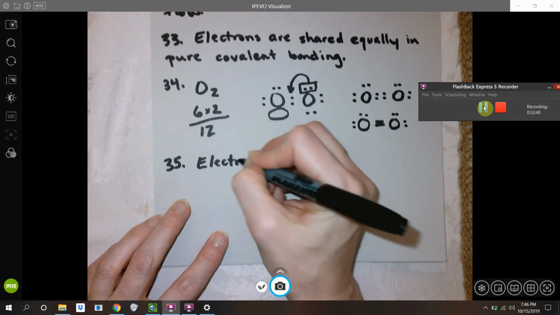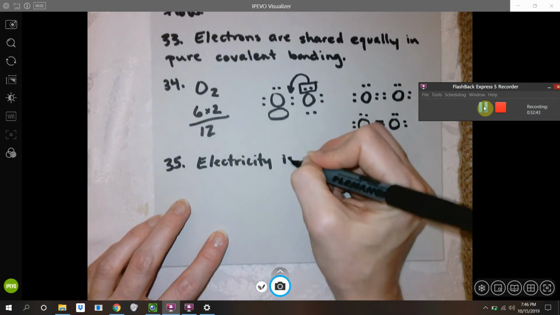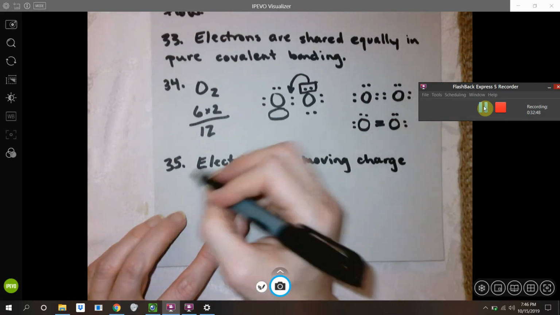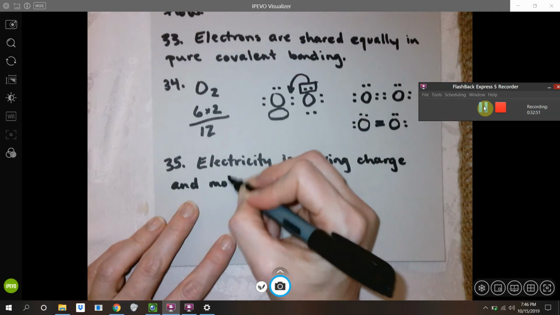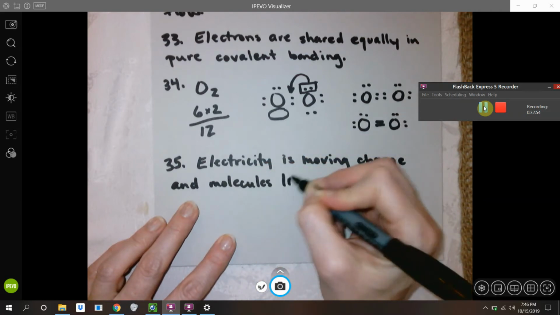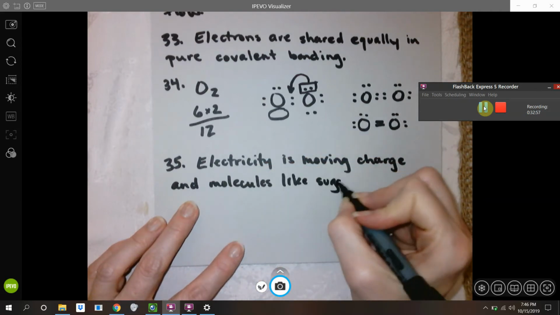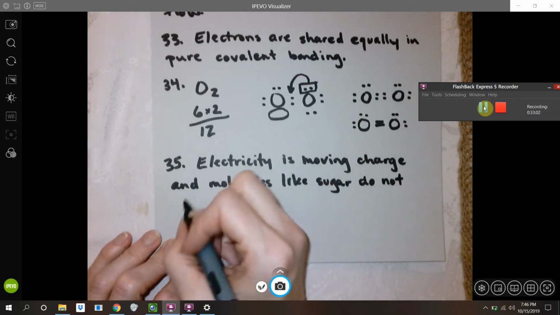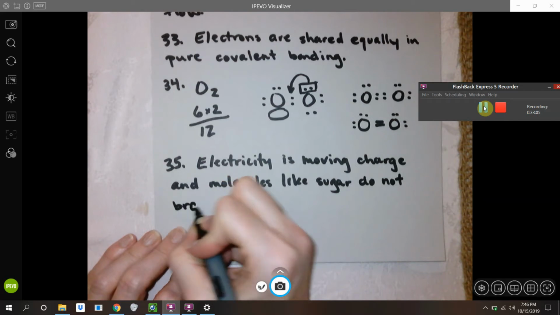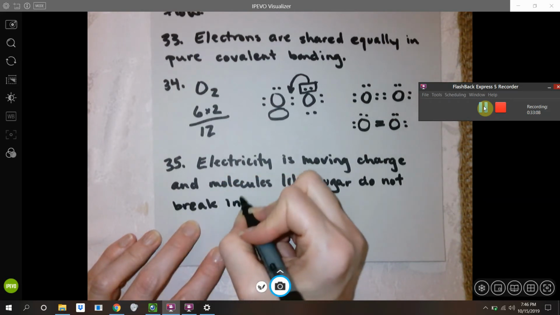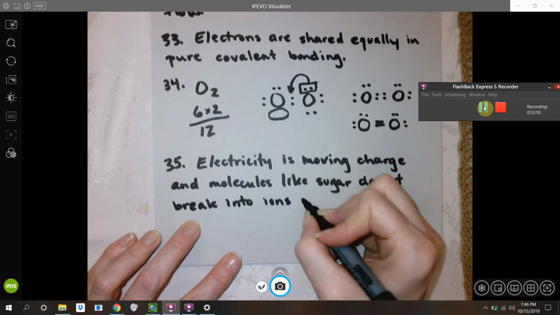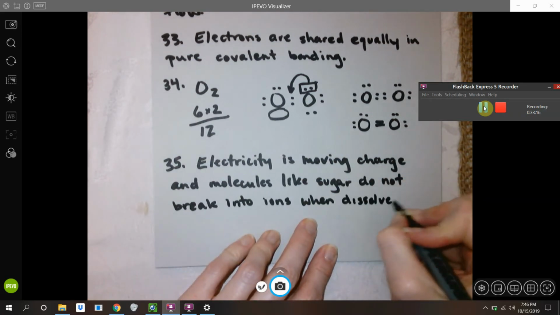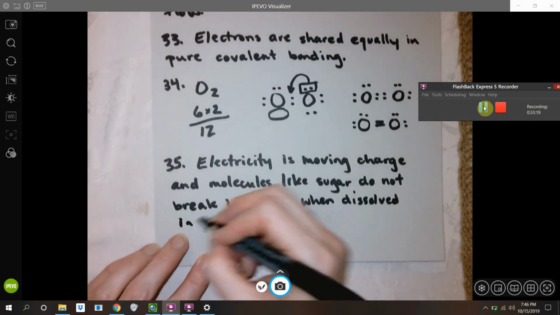So electricity is moving charge, and molecules like sugar do not break into ions when dissolved in water.